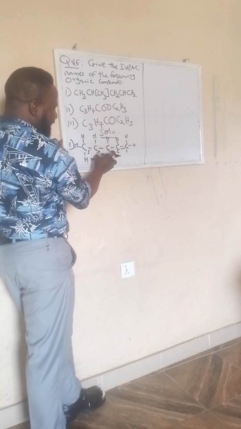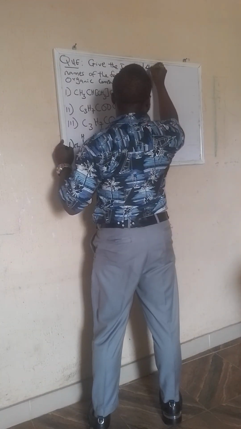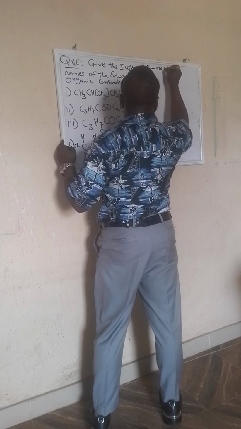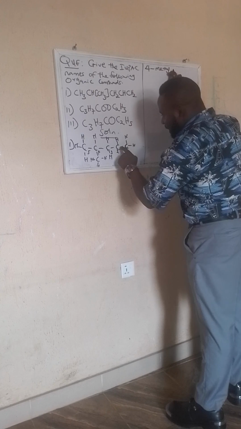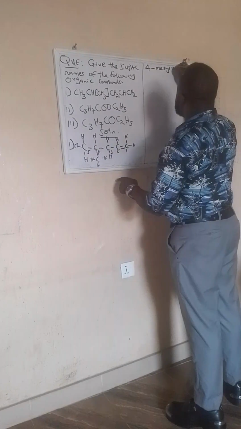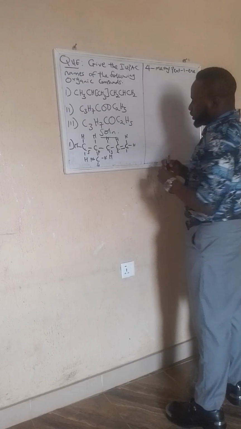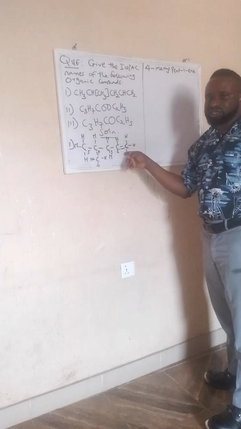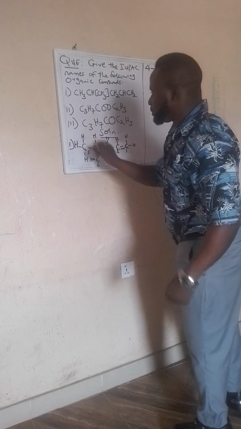On carbon 4 there is a substituent attached, which is methyl. So that will be 4-methyl, showing the position of the methyl. Pent-1-ene, because an alkene has a double bond. So that's how this is going to be named.